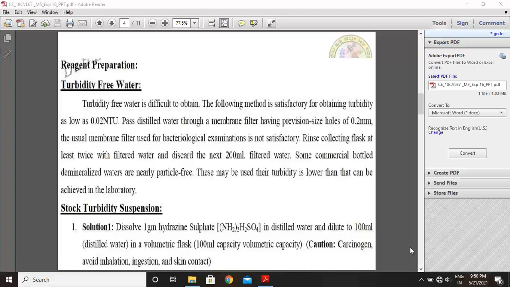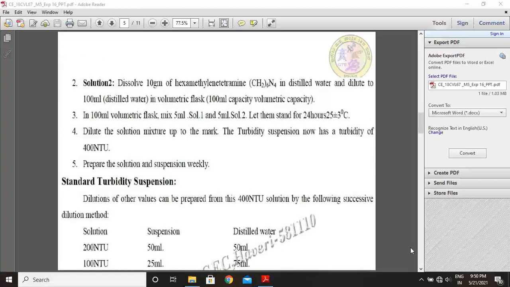Dissolve 1 gram hydrazine sulfate in distilled water and dilute to 100 ml with double distilled water in a volumetric flask of 100 ml capacity. Here precaution is required: carefully avoid inhalation, ingestion and skin contact. This is the most important precaution.